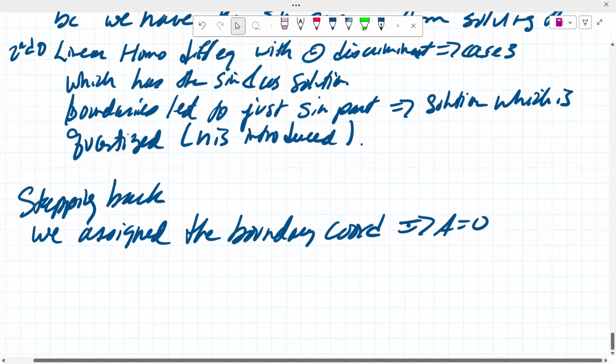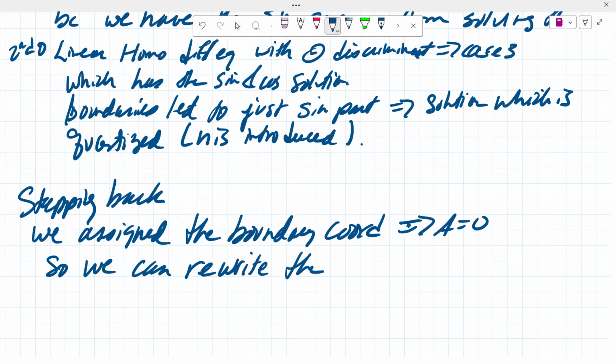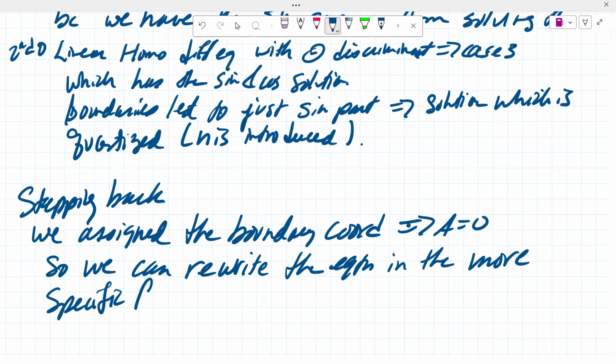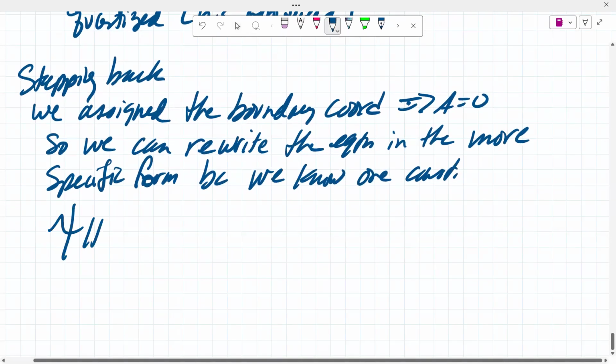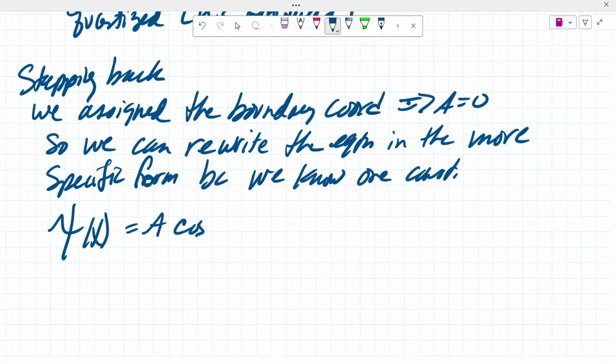So we can rewrite the equation in the more specific form, because we know one of the constant values. So we have psi of x equals a cosine kx plus b sine kx. This was the general PIB solution.